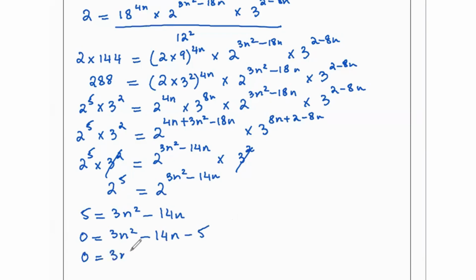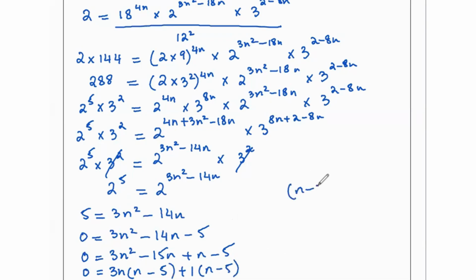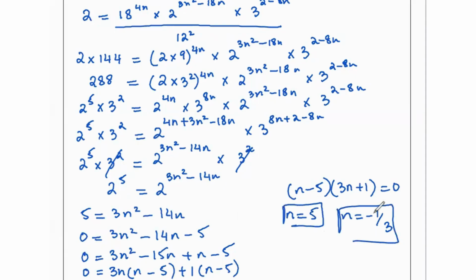So 3n squared minus 15n plus n minus 5. 3n bracket n minus 5 plus 1 bracket n minus 5. So n minus 5 bracket 3n plus 1 equals 0. n equals 5 and n equals negative 1 over 3. That is your final answer.